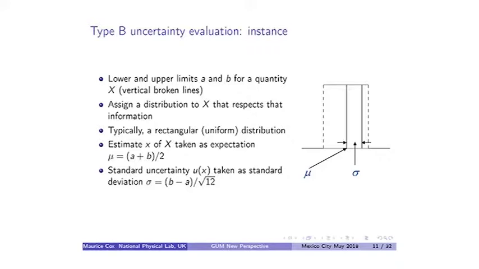Indeed, we can appeal to maximum entropy properties to obtain that. An estimate of X is taken as the middle point, the expectation (A+B)/2, and the standard uncertainty is given by the formula there. GUM treats type A evaluation and type B evaluation differently.